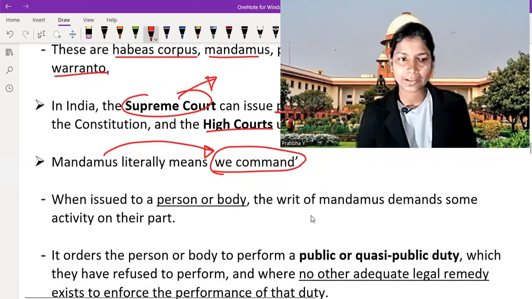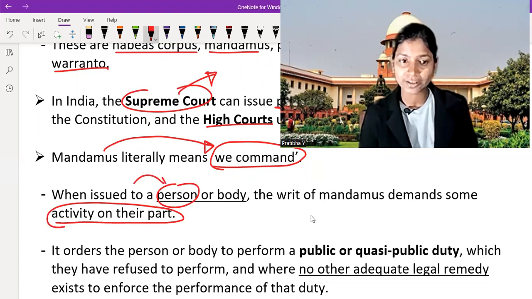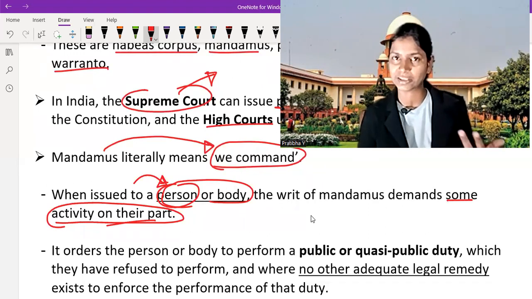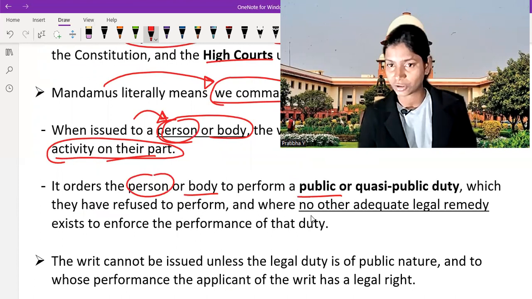So when mandamus is issued to a person or a body, the writ demands some activity on their part. That means if they are not fulfilling their duty, then the mandamus writ is issued by the Supreme Court and High Court. It orders the person or body to perform a public or quasi-judicial duty.